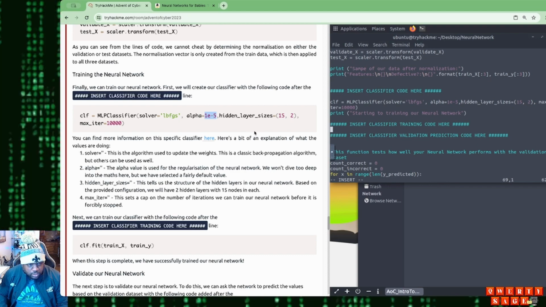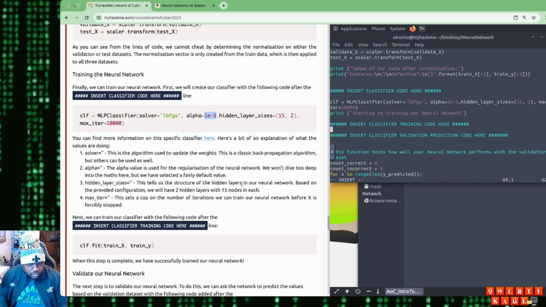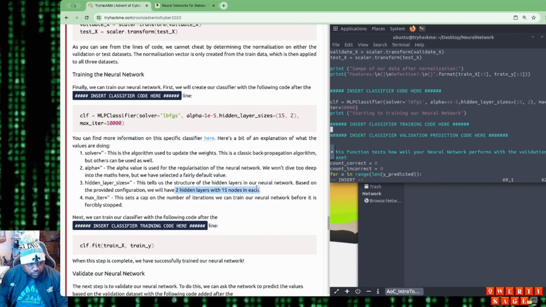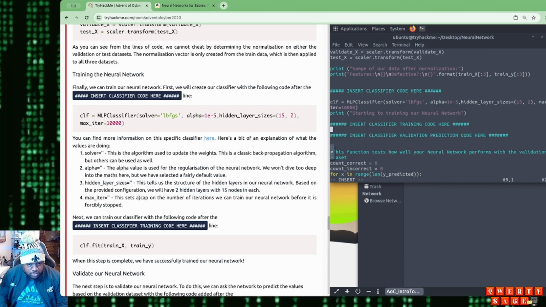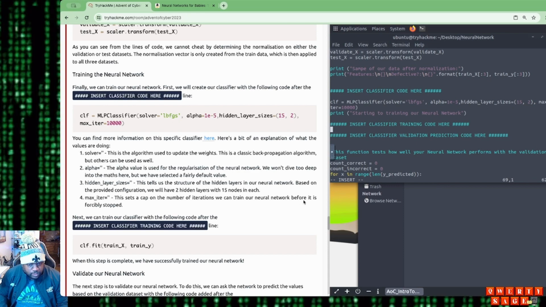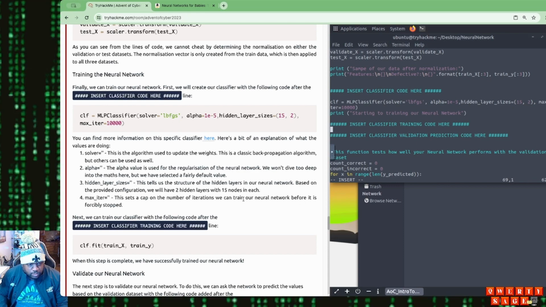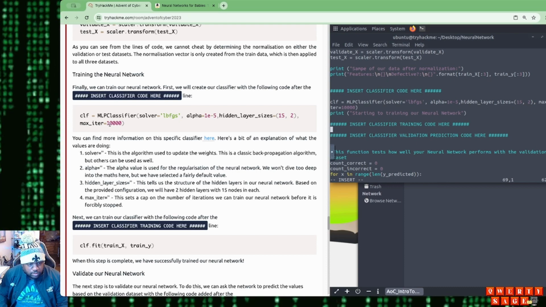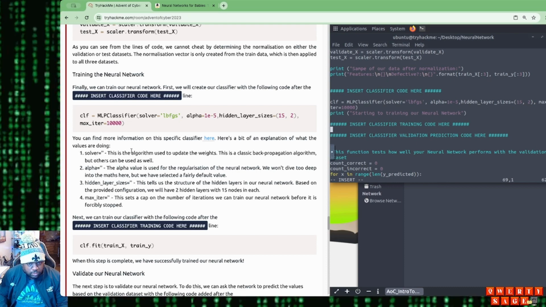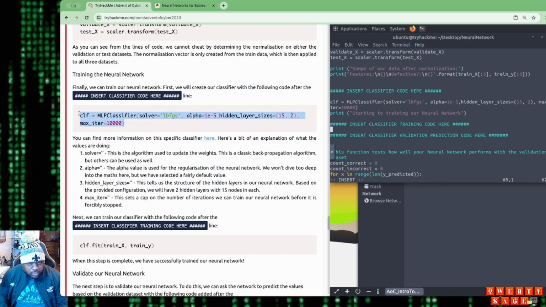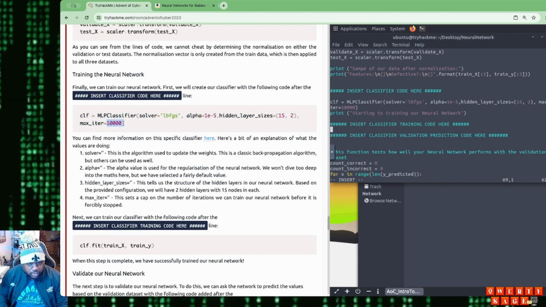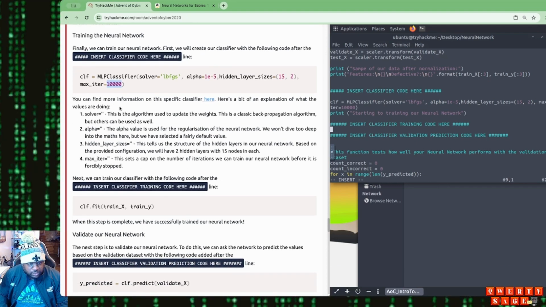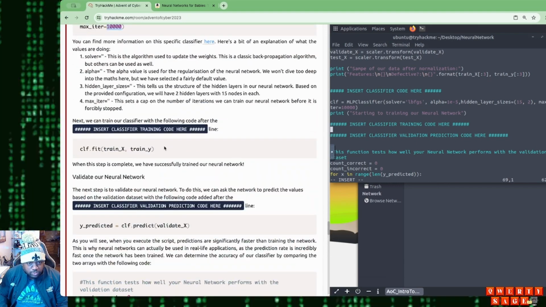Hidden layer sizes. We'll have two hidden layers with 15 nodes each. This is the max number of times we can train before it's forcibly stopped, which is 10,000 too.